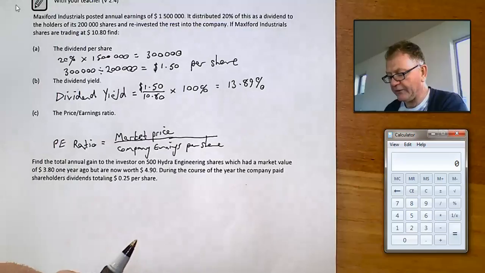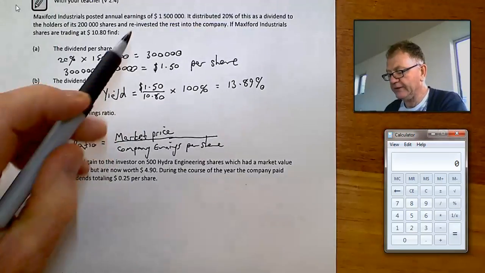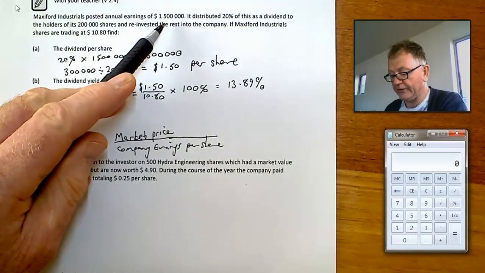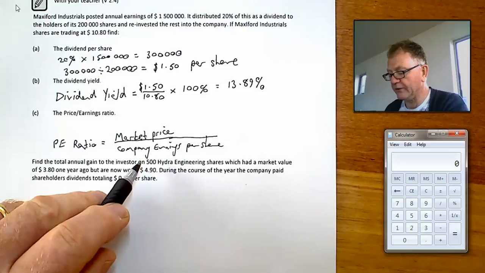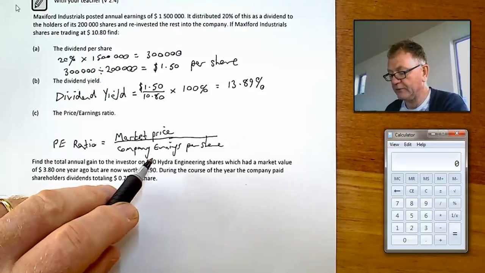It's not the same thing as the dividend per share because they didn't give all of these earnings to the shareholders. But for the price earnings ratio, we need the total company earnings per share.